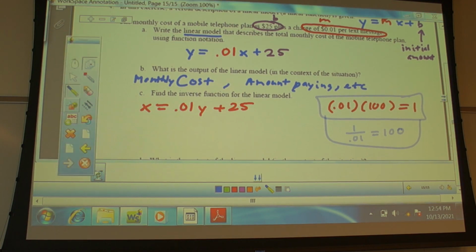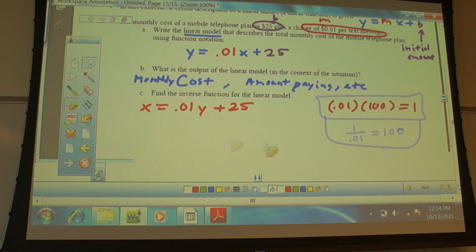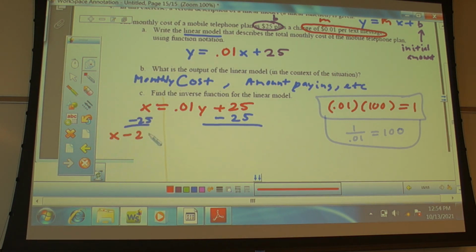Okay, so let's take a look. And let's see, the first thing we want to do is subtract 25 from both sides. Oh, do not forget to draw that line down the middle so you keep the two sides separate. That way I know I do it once to this side, I do it once to this side. And I get x minus 25 equals 0.01y.